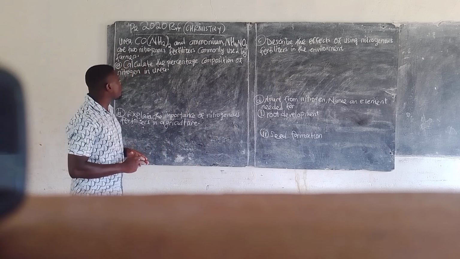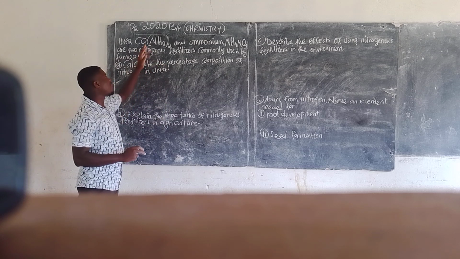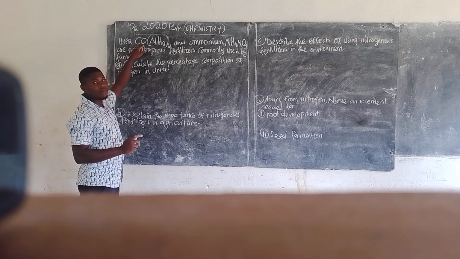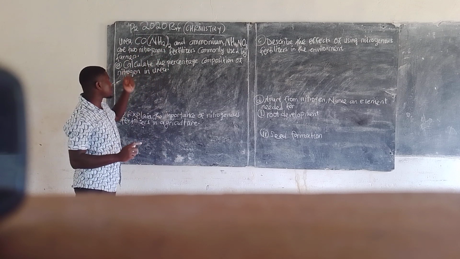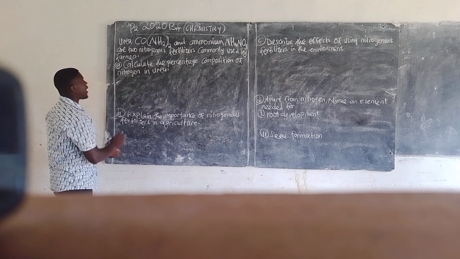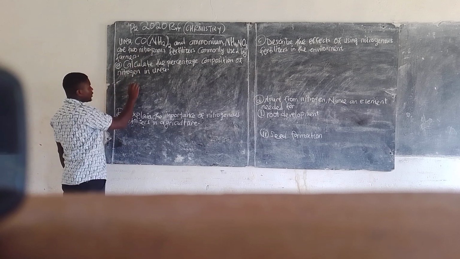We find the mass of nitrogen divided by the mass of the whole compound, then multiplied by 100%, and we get the percentage composition of nitrogen.